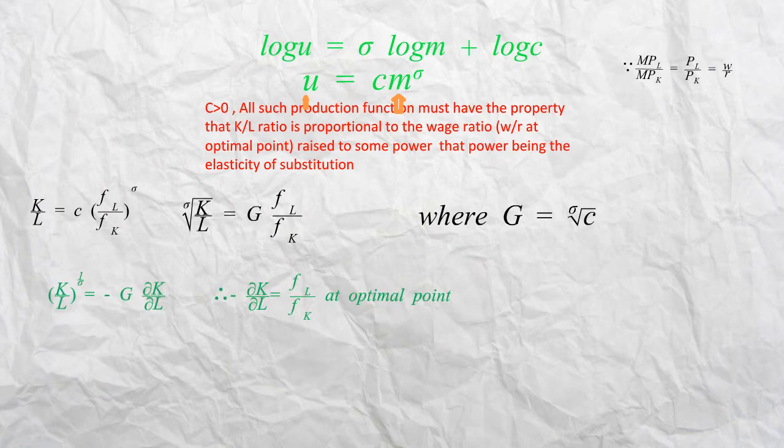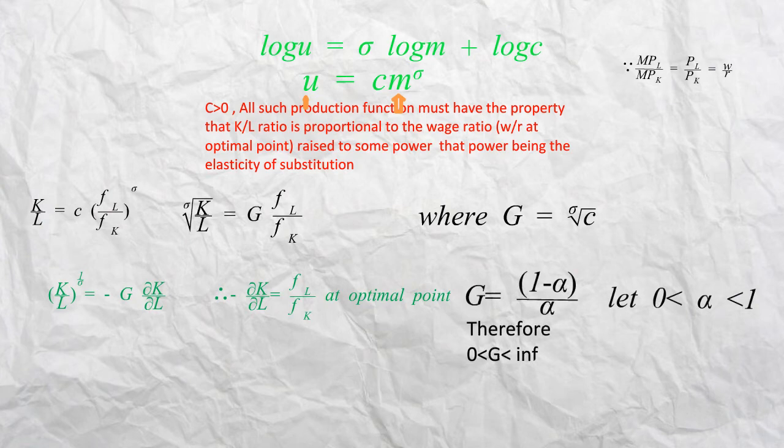Since z is a constant and may take a value from 0 to infinity, let us take z in terms of another constant. Let's say z is equal to 1 minus alpha over alpha, where alpha is between 0 and 1. Therefore, z is between 0 and infinity, so no generality is lost.